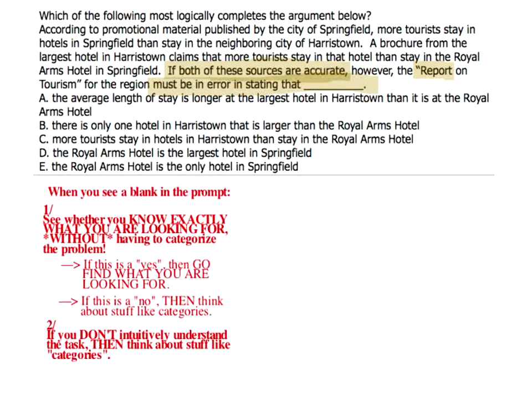There's no need for a category there. So we want something that must be wrong if the other two statements are true. That's what we want.